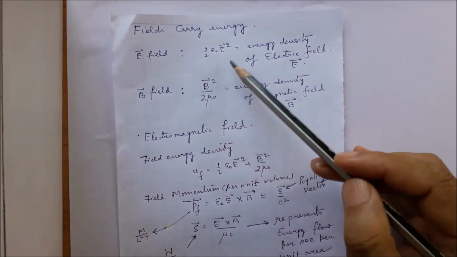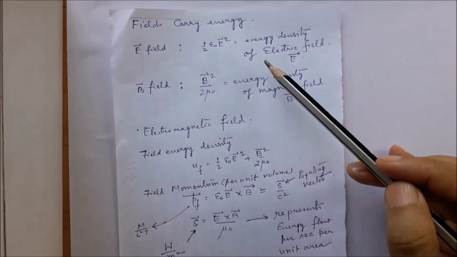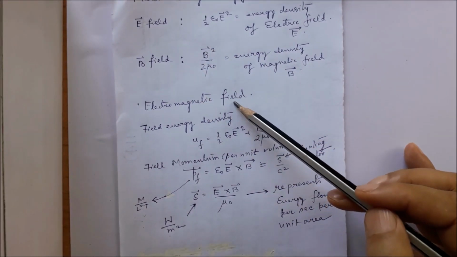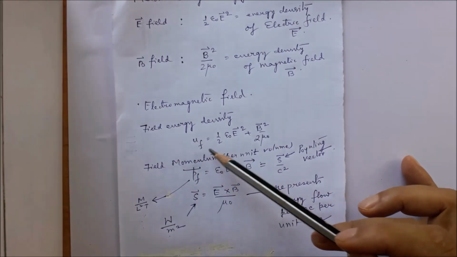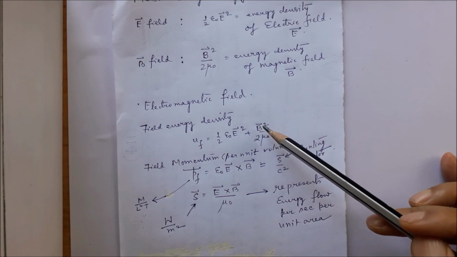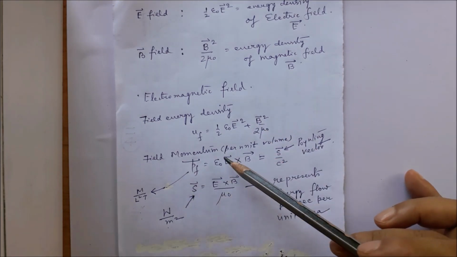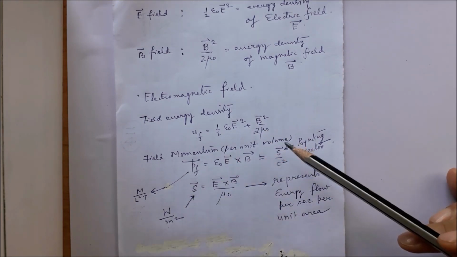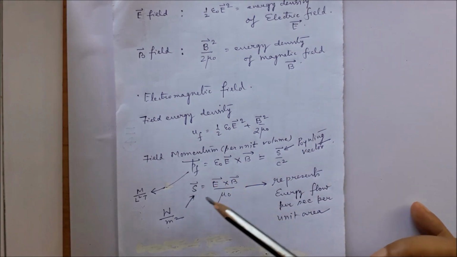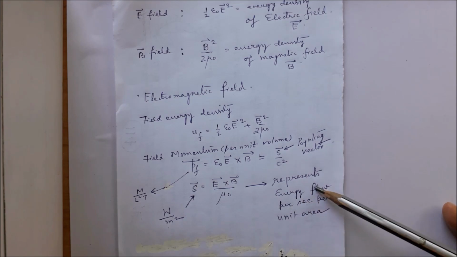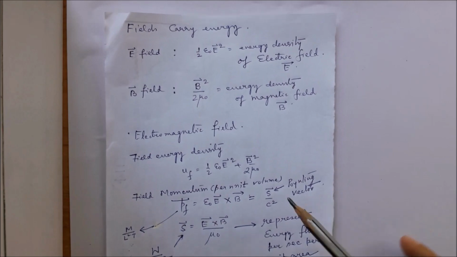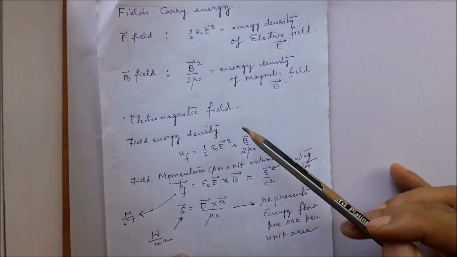Electric field has this amount of energy per unit volume, magnetic field has this one, and the electromagnetic field has what is called field energy, which consists of an electric part and a magnetic part. Also, we can think of field momentum in an electromagnetic field, where S is a Poynting vector given by this expression, and this represents energy flow per second per unit area. Now, what about energy distribution?